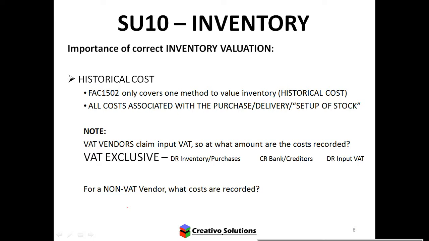Okay, so for a VAT vendor, if you buy stock, you're going to buy stock at a VAT inclusive amount, but you claim the VAT. So because you claim the VAT, I'm going to show the VAT exclusive, because this would be seen as an asset for the business. Something that the business is going to claim as a benefit.